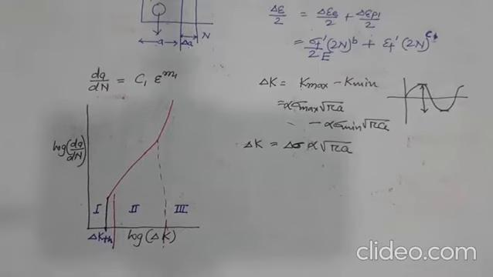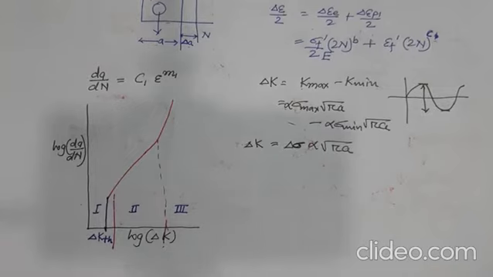So what happens in region 1 is that the crack is growing nanometers per cycle. So some nanometers in each cycle. So that is not measurable. Even if you measure it, it is not worth it. Therefore we assume that small amount of crack growth can be ignored.